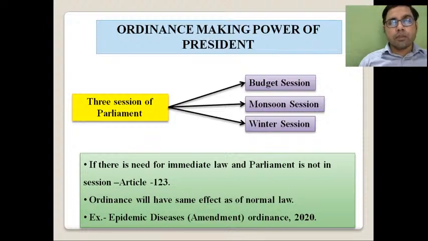So ordinance making power means the immediate law making power of the executive when one or both houses of Parliament are not in session, and if the President is satisfied, on the advice of the Union Council of Ministers, that there exists an immediate need for bringing a new legislation.